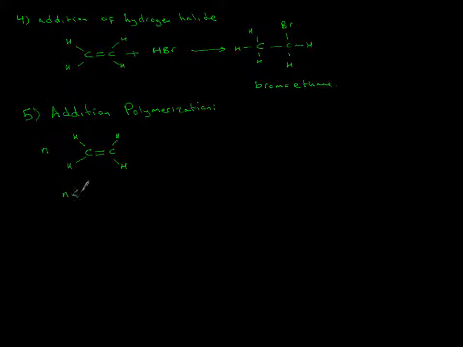Usually n is like 40,000 of those monomers, or at least 10,000. You put it in a pressure cooker, so to speak, a batch reaction, with high temperature and high pressure. At the end, you have one molecule that you can inject into a mold and have as a plastic bottle or other objects that you want to make.